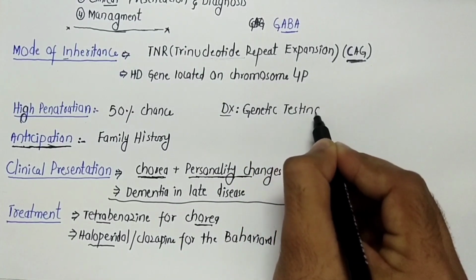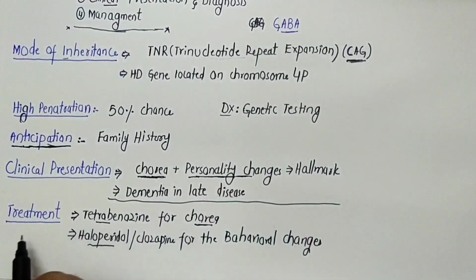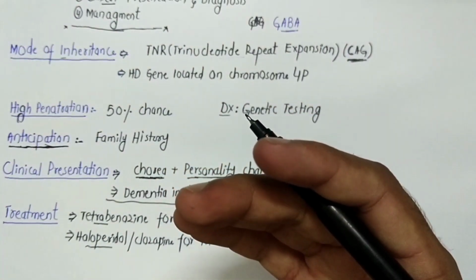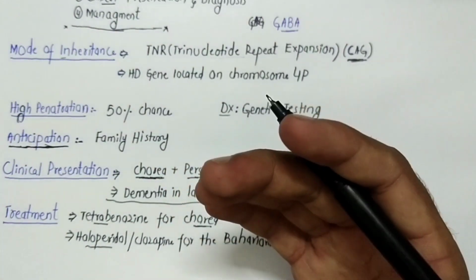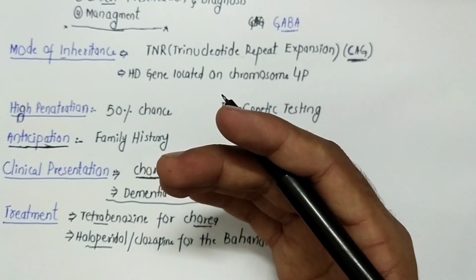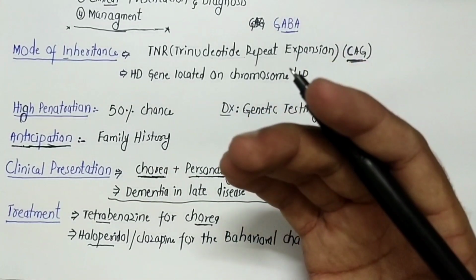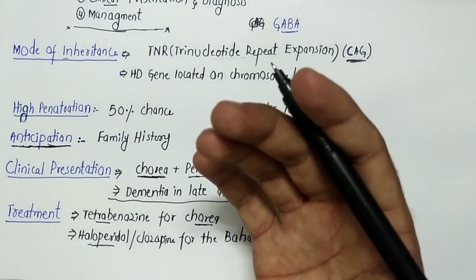As far as treatment is concerned, as you know, this is a genetic disease and we cannot do anything to change the course of the disease. We can only do symptomatic treatment to relieve the symptoms.